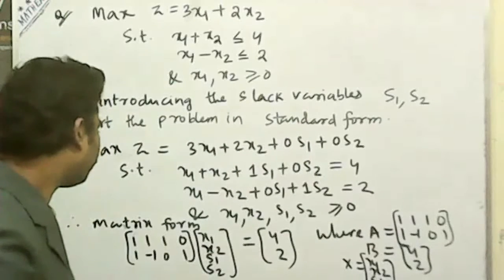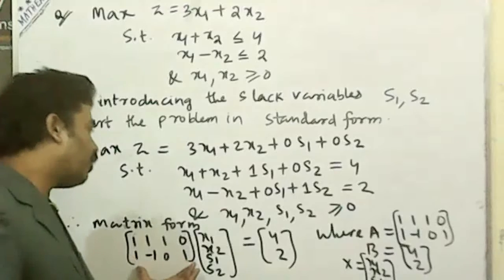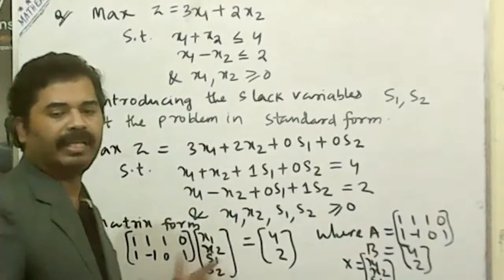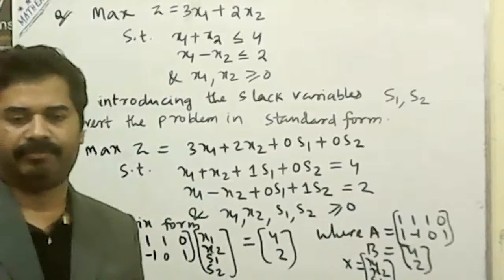So that the form comes as A into x is equal to b.